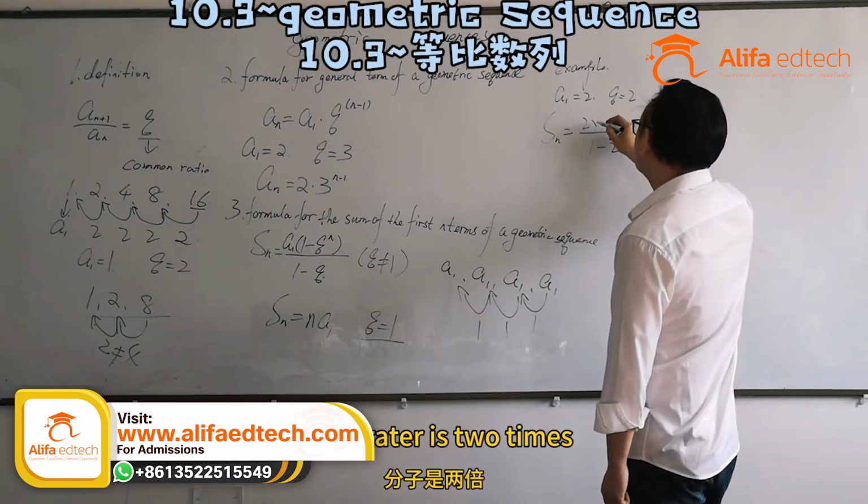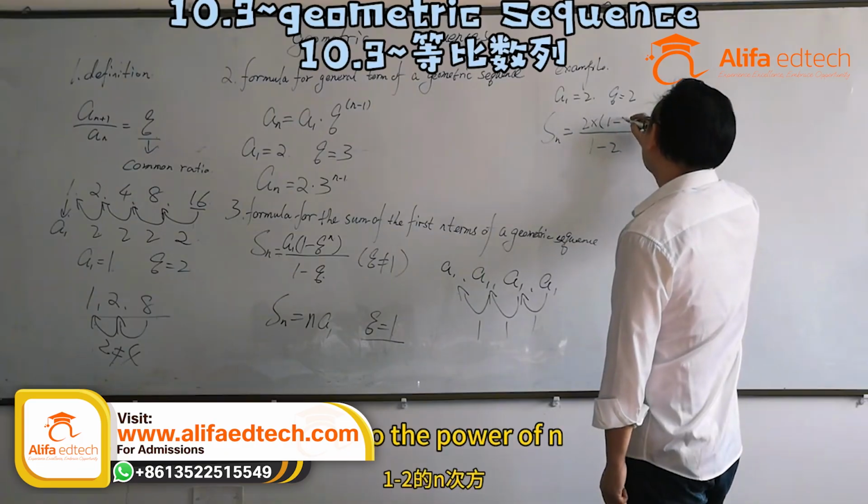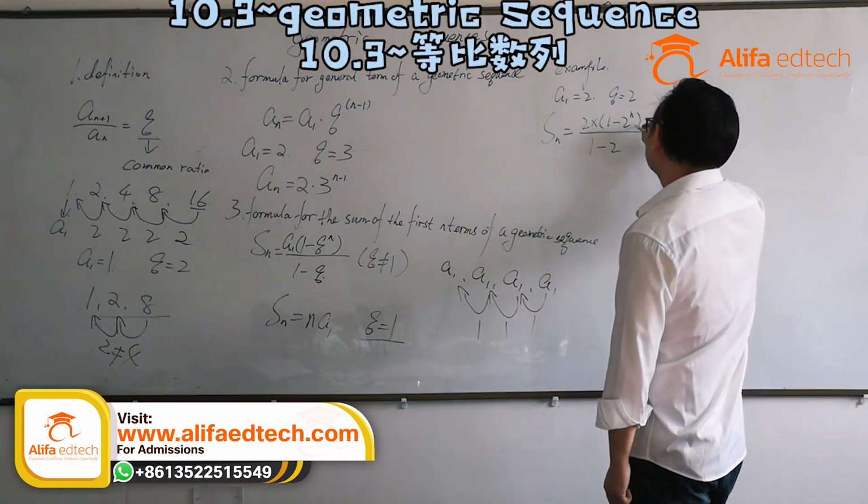Numerator is 2 times 1 minus 2 to the power of n.